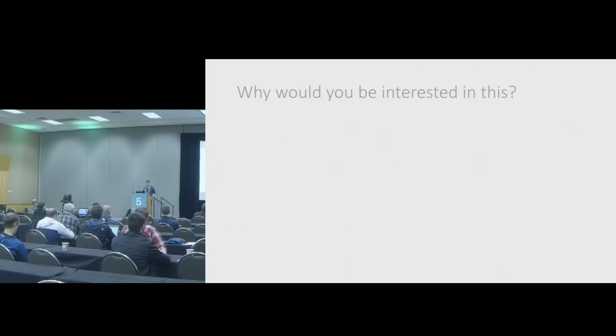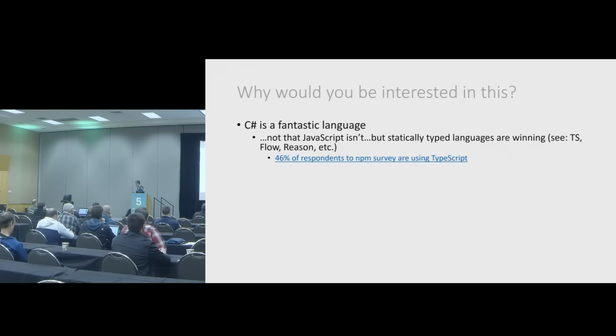So why would you be interested in Blazor? So first thing, C# is a really great language. And that's not to say JavaScript isn't. However, I would say static types are winning in the JavaScript community. And as evidence of this, about half of the people who responded to the NPM survey said they write TypeScript, not JavaScript, which is kind of crazy to think like half of the people who consider themselves JavaScript developers don't actually write JavaScript.